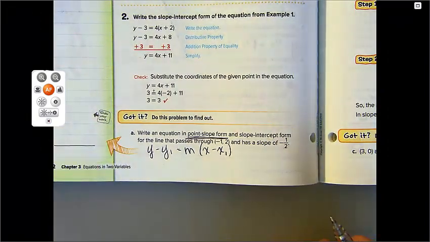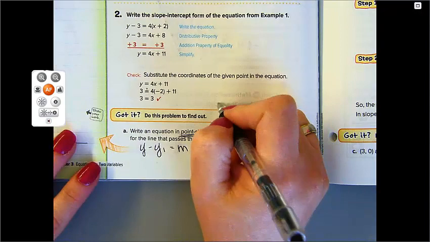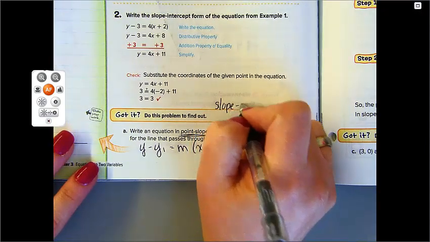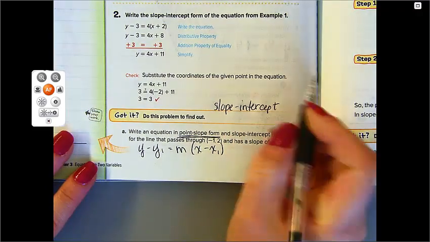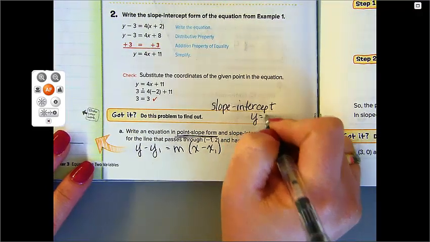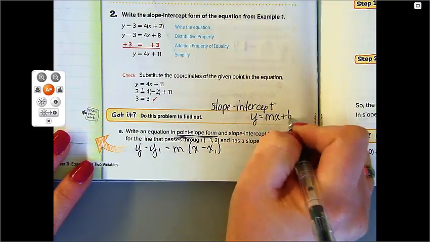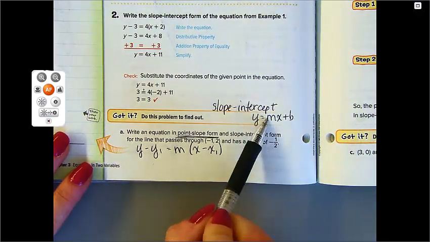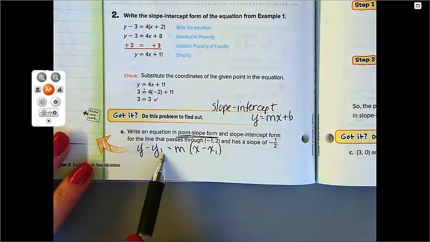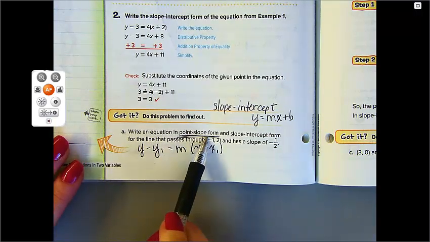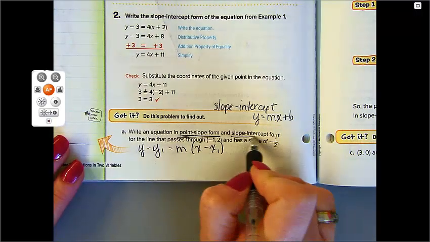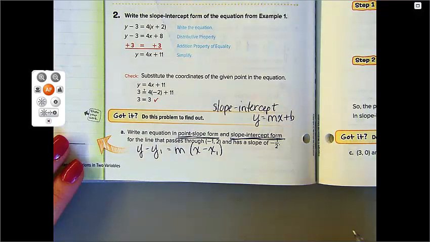Okay, don't get that confused with slope-intercept form. Slope-intercept is a different form, and that's y equals mx plus b. So slope-intercept is this one. Point-slope is this one.